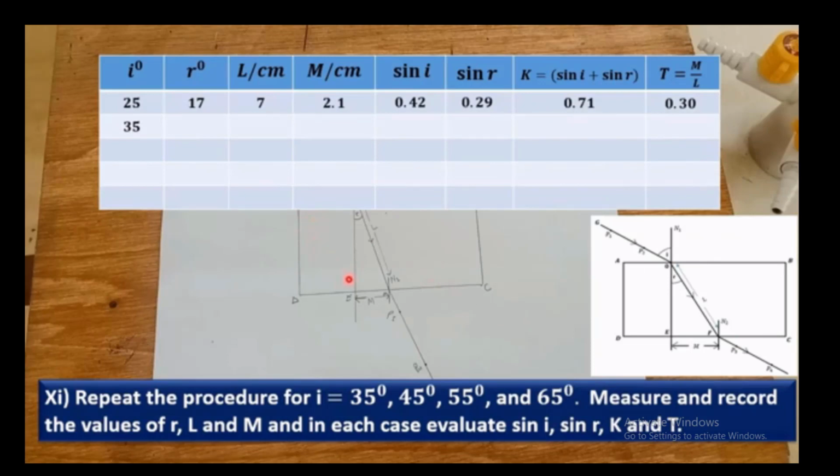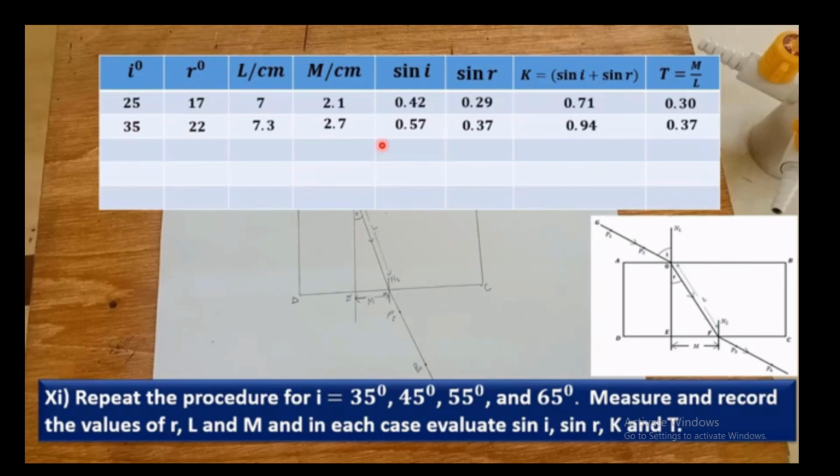So let's slot in the values of 35, 45, 55, and 65. So for the refracted ray, we have 22. The length is 7.3. M is 2.7. And our sine I is 0.57. Sine R is 0.37. And the value of K is 0.94. And the last, the value of T is 0.37.